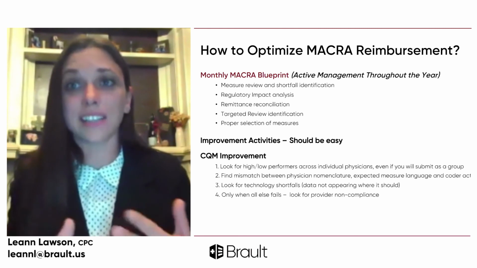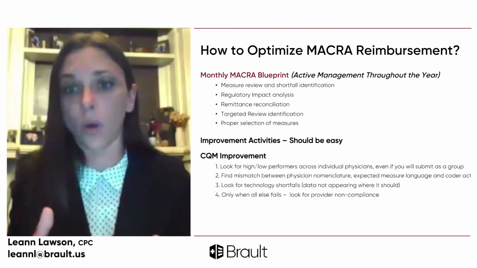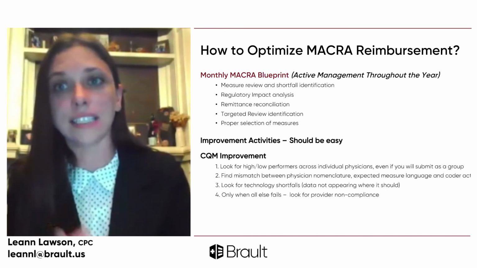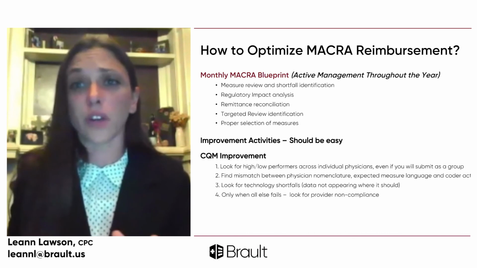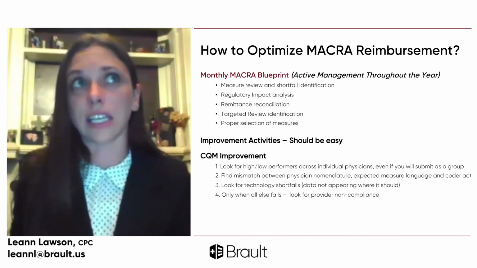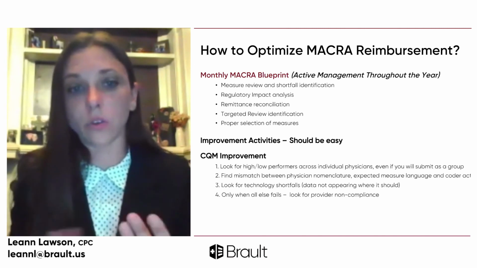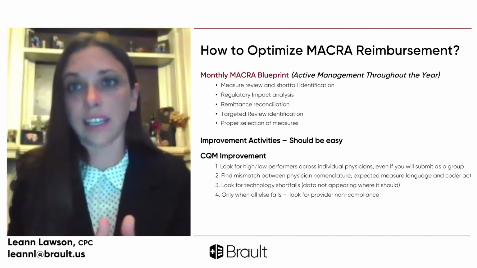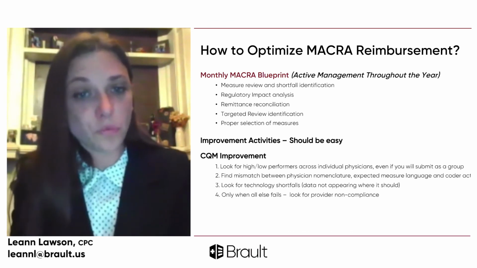So on a monthly basis, getting reporting and looking at high and low outliers, and identifying areas of improvement and verbiage for each, and understanding exactly what we're looking for in measures so we can easily meet those is really key to optimizing our quality.